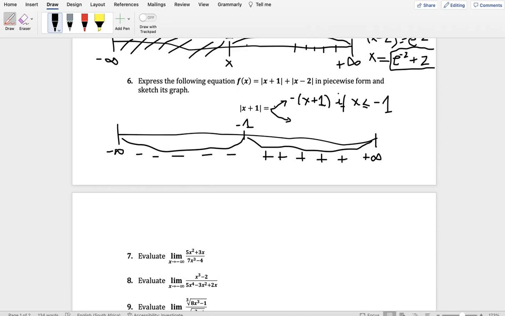So when you take a value of x that belongs to this interval, you don't have to put the negative sign in front of it. It just stays x plus 1. Again, f of x, now x is greater than -1.